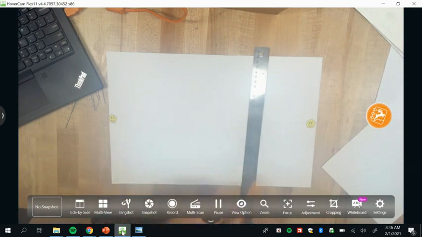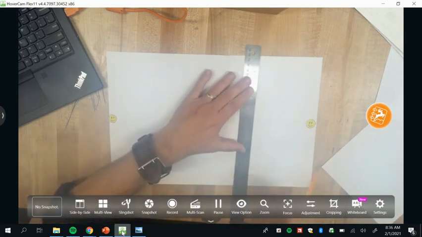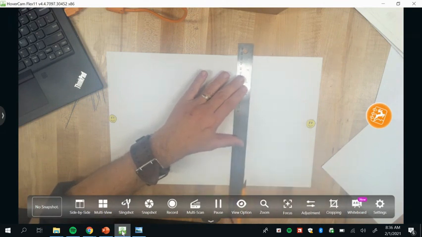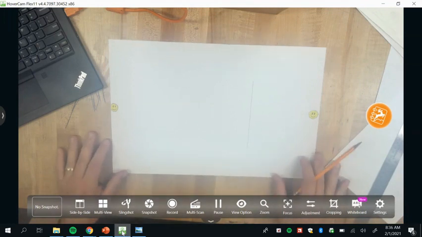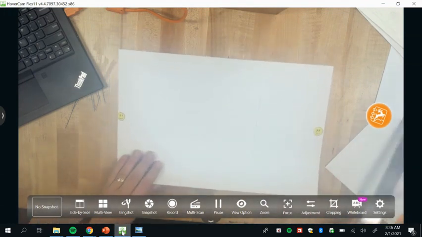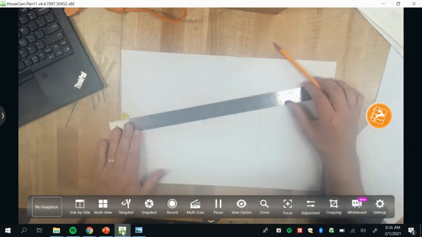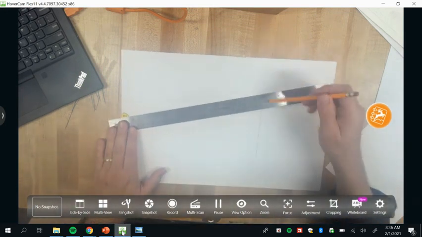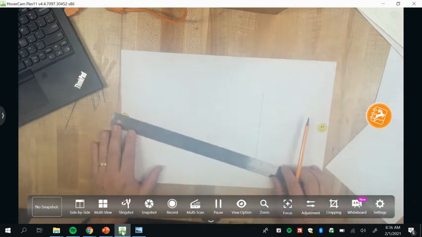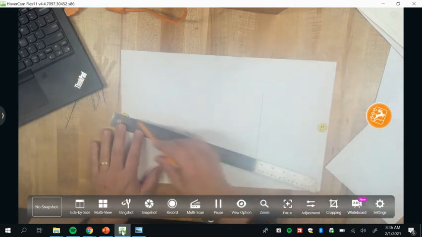I'm going to draw a tall line that goes above and below the horizon line. You can see that line. Then I'm going to draw a light line to the vanishing point. These are happy lines.